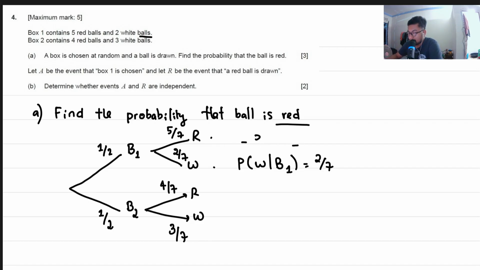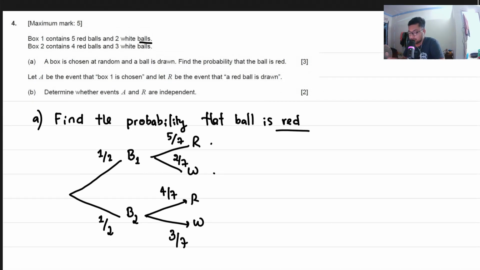Okay. The question is to find the probability that the ball is red. They want to find PR, am I right? So how can we find the probability of getting a red?